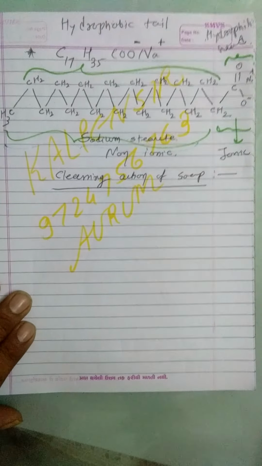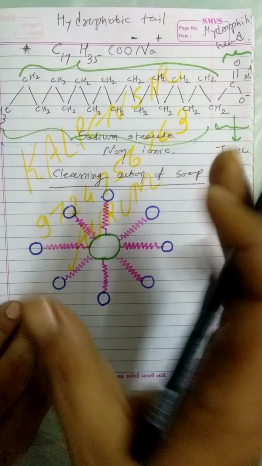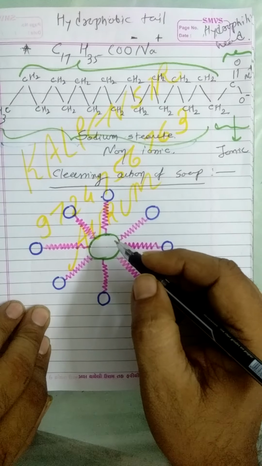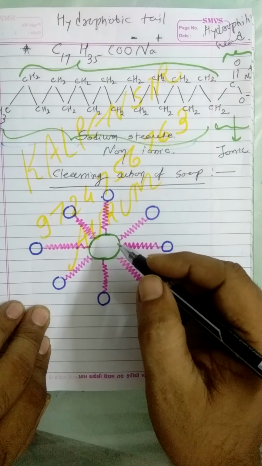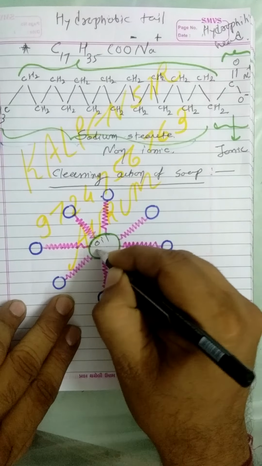Look here. When a cloth with dirt attached to it is immersed in water, the hydrophobic end combines with the dirt particle. Here the oil droplet is the dirt particle, and these are all sodium ions, Na plus.